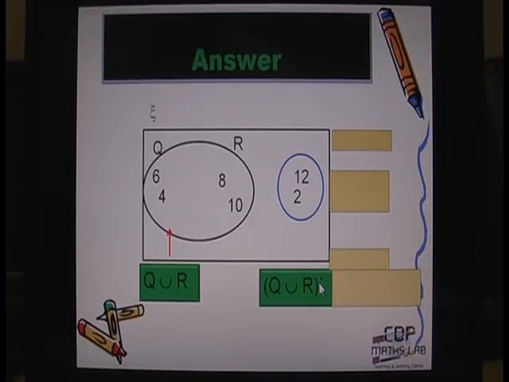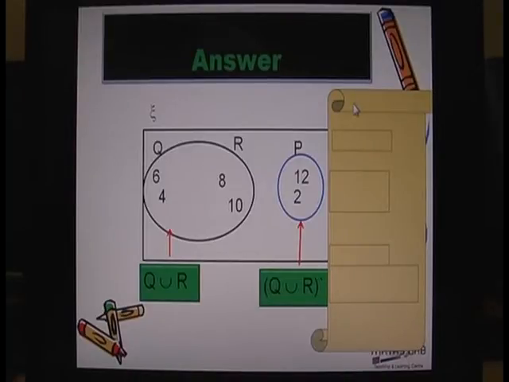And guess what? Which set is missing? Is it Q? No. Is it R? No. Is it P? Of course it's P. So therefore, we know the elements of P, which are 2 and 12, or the members of P are 2 and 12. Very good.